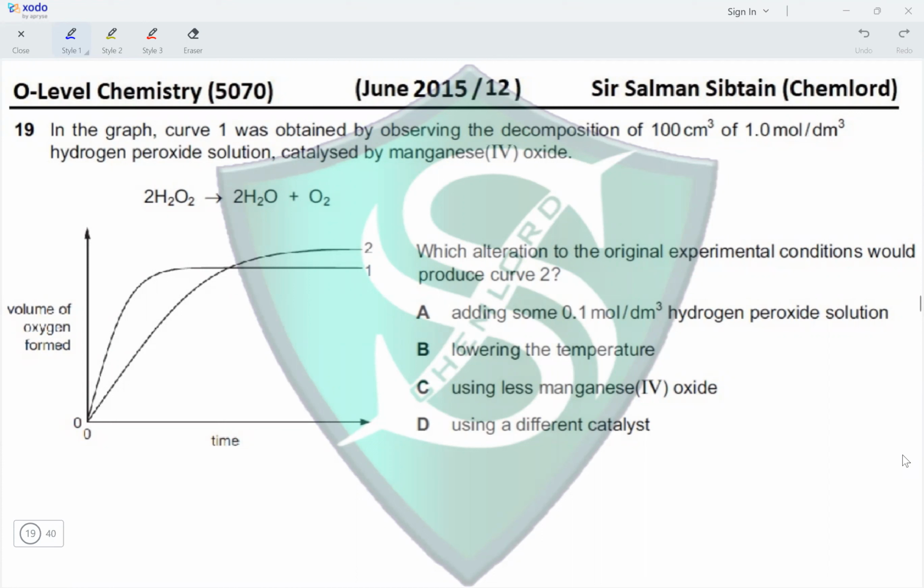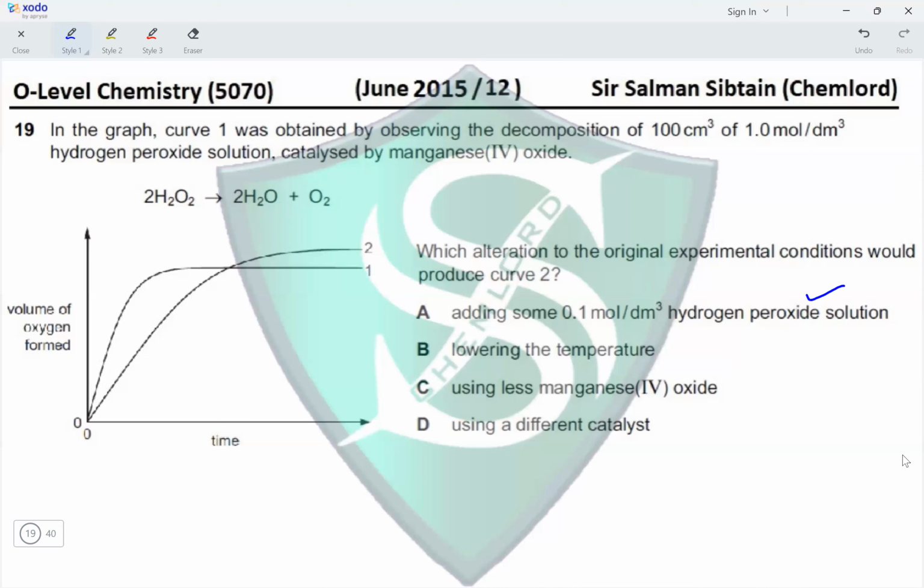Now, curve 2 is a bit slower in production of oxygen, but the volume of oxygen produced is greater. So the only change that would bring about an increase in the volume of oxygen produced would be if more of the reactant is present. So adding some 0.1 mole per dm³ hydrogen peroxide solution, this increases the reactant. So this should be the answer.